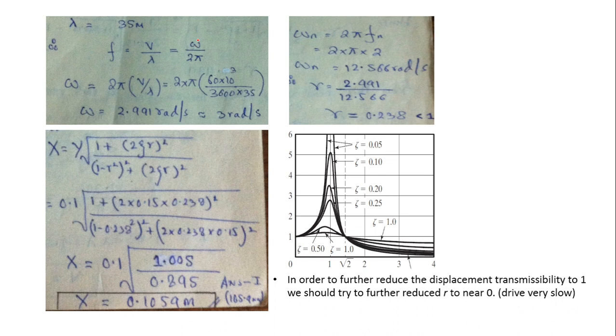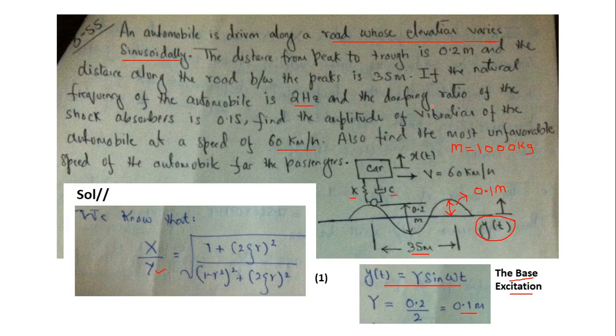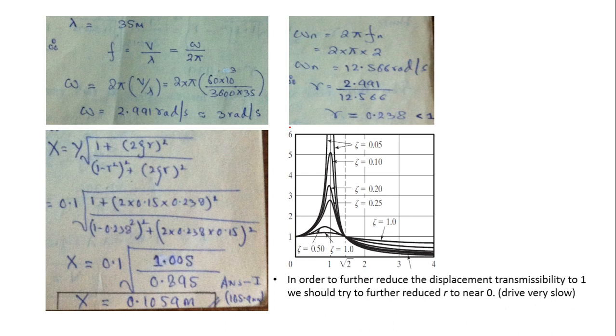So this means that we can find out omega from this expression. So omega is 2 pi v upon lambda, and v is 60 kilometers per hour because the speed was 60 kilometer per hour. So we converted kilometers into meters and hour into seconds, and we get the frequency of excitation omega, that is 2.991 radian per second, approximately 3 radian per second.